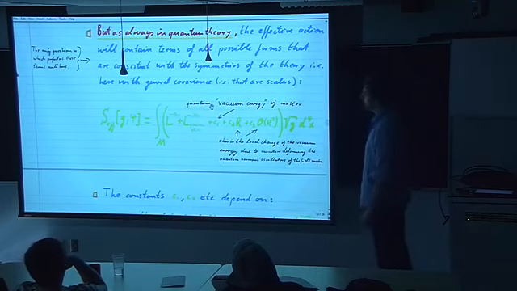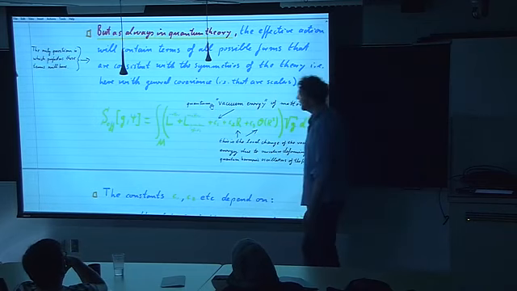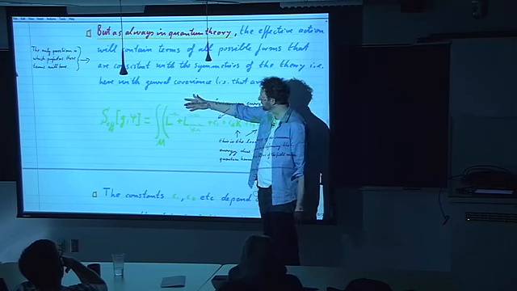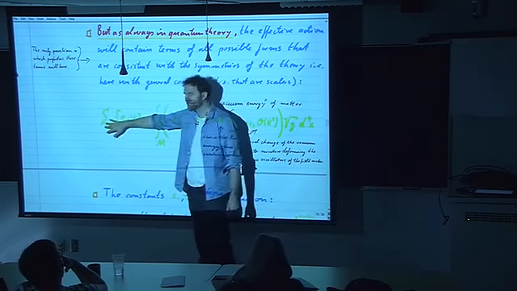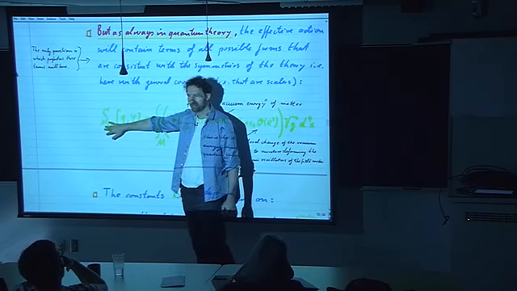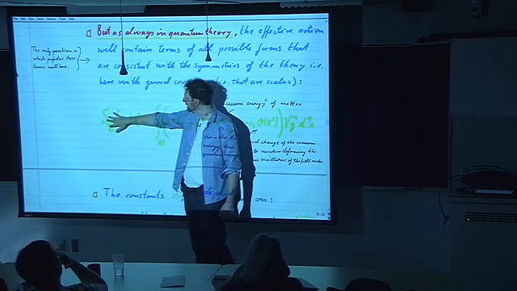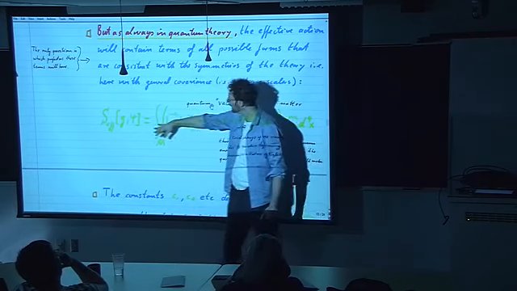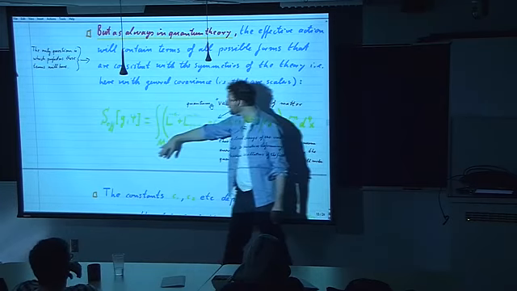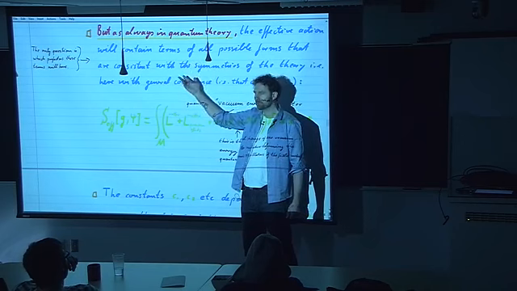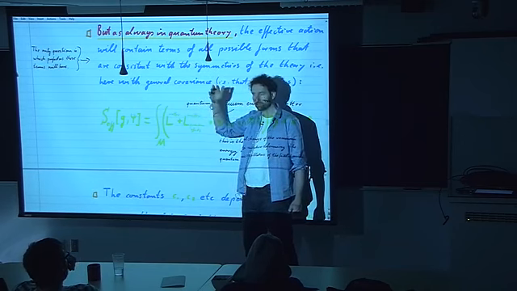On very general grounds, not just applicable to gravity or particle physics, the effective action will contain, and that was Sakharov's central point, the effective action that you obtain from a classical action will always be the classical action plus all kinds of terms that are compatible with the symmetries of your theory.